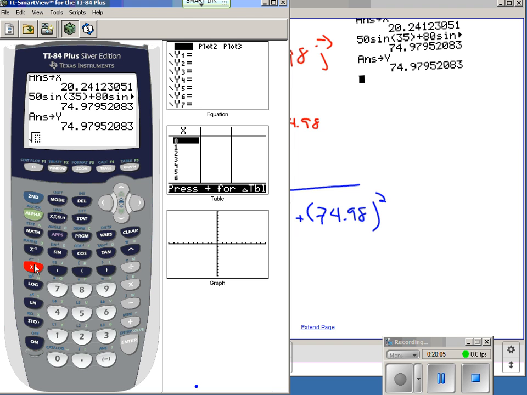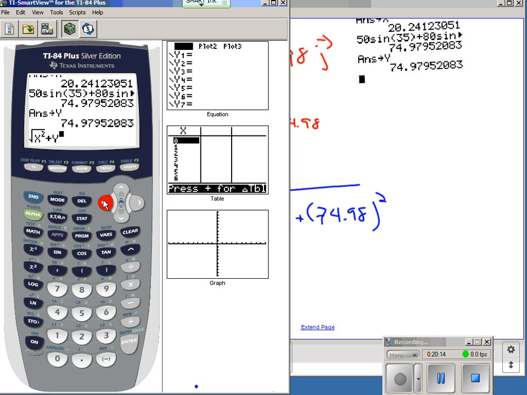I'm going to do the square root of x squared plus y squared. Oops, I want that all to be under my square root. Let's try over. Sometimes the newfangled way of doing things is trickier. So I'm going to do, not second, I'm going to do alpha x squared. There we go, plus alpha y squared. That's the magnitude of that vector. So it'll be 77.6 newtons.